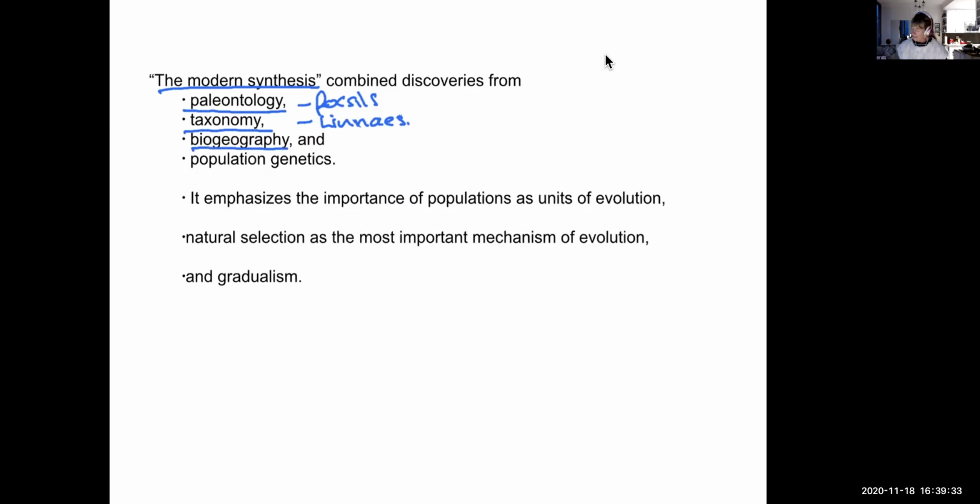Biogeography. So we looked at those two animals, an example would be the glider and the flying squirrel. Two different continents, similar features, and that's called convergent evolution.